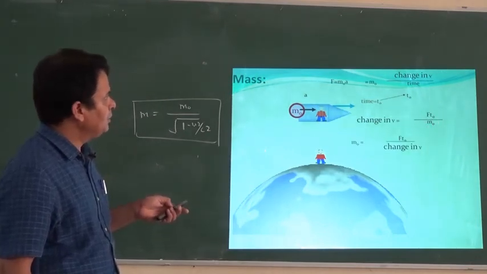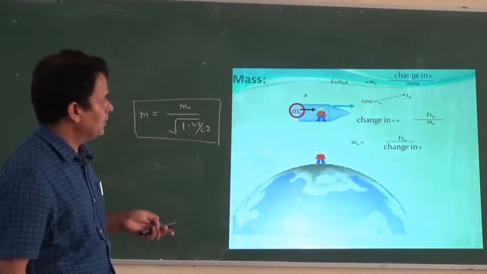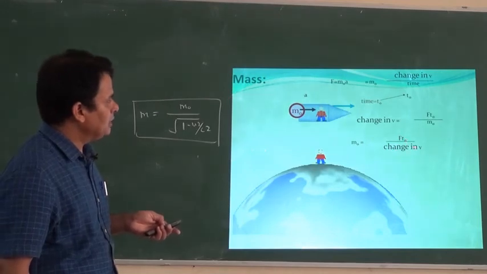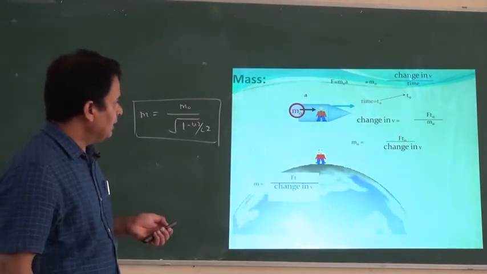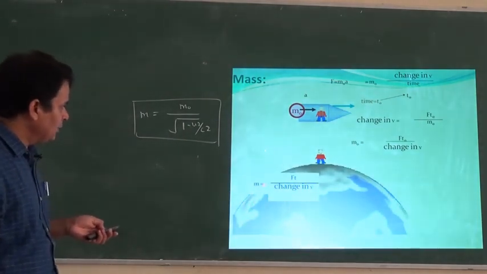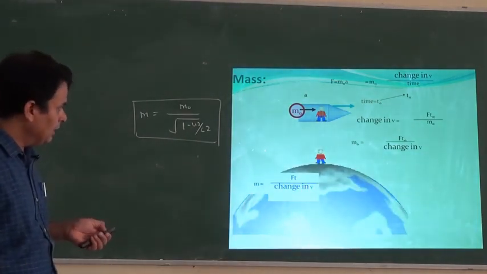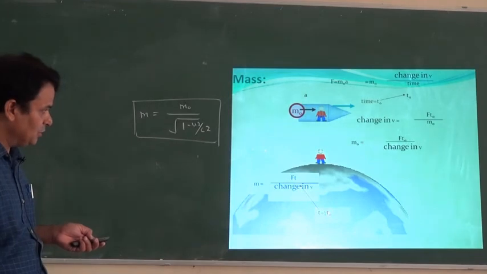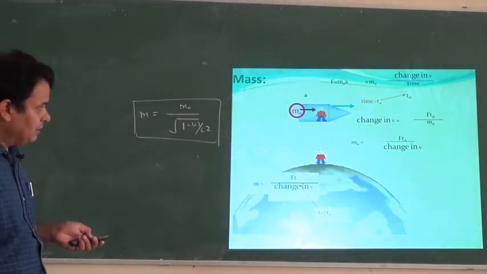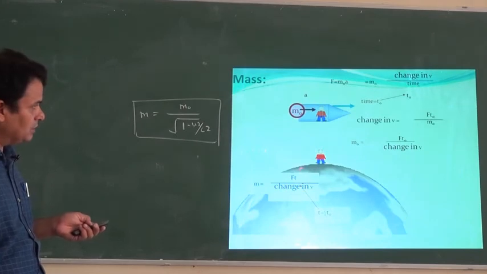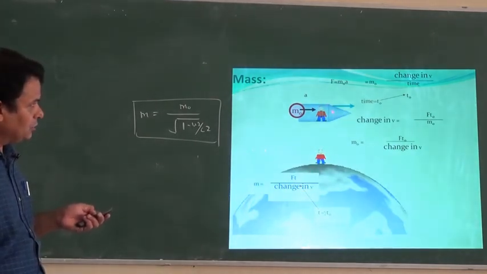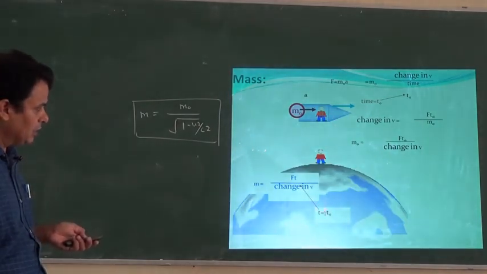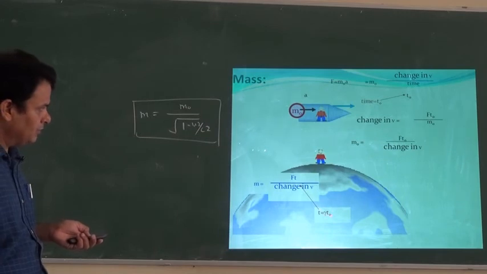upon m0 by using this expression, and this m0 will be equal to Ft0 upon change in velocity v, and finally here we will write that m is equal to Ft upon change in v, and t is equal to gamma times t0, because when the time is observed by this person on the earth for the clock which is in the moving frame of reference, the time will be dilated, and that dilated time relation can be written as t is equal to gamma times t0.